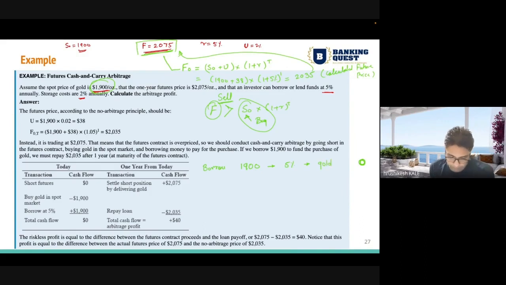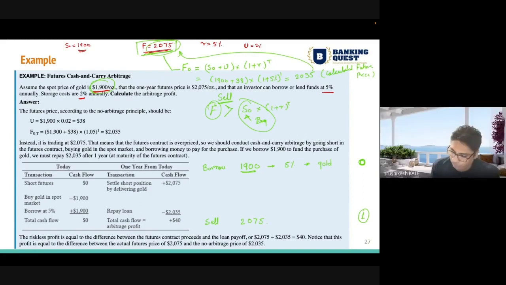After 1 year, I will sell this gold which was purchased at 1900 at 2075, correct? Because I have already entered into a future contract to sell that. I will sell it at 2075, correct or no?